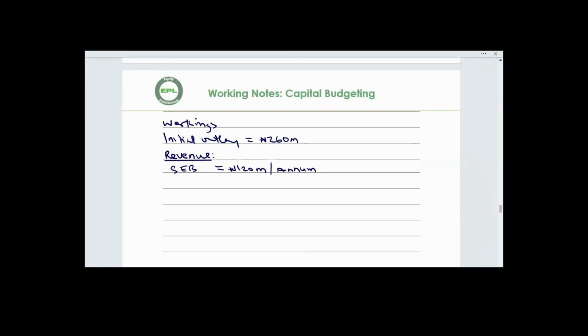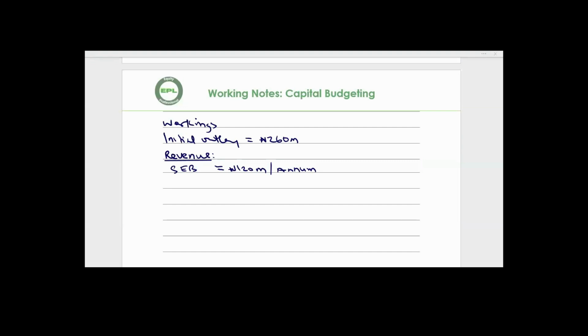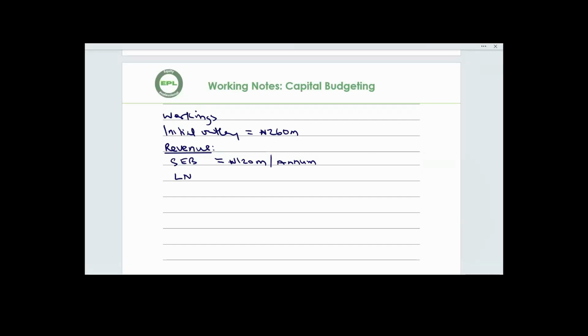Also, in the same paragraph, you are told that apart from these contracts, the pipeline could also be used to transport liquefied natural gas to other willing customers in the suburb. The sales from this source are put at 80 million naira per annum. Okay, that's another revenue from LNG, 80 million per annum.